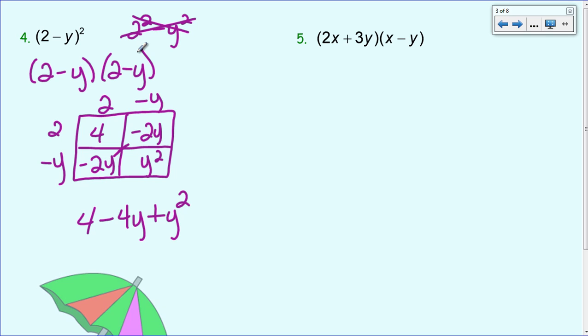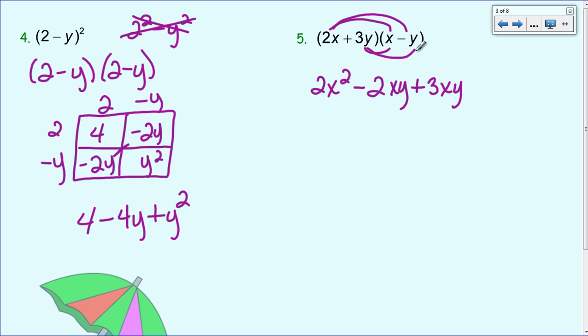So number 5, double distributive property again. 2x times x is 2x squared. 2x times negative y becomes negative 2xy. I just put my two variables together. I can't combine their exponents because they're not like bases, so they just become xy. 3y times x is the same thing as 3xy.